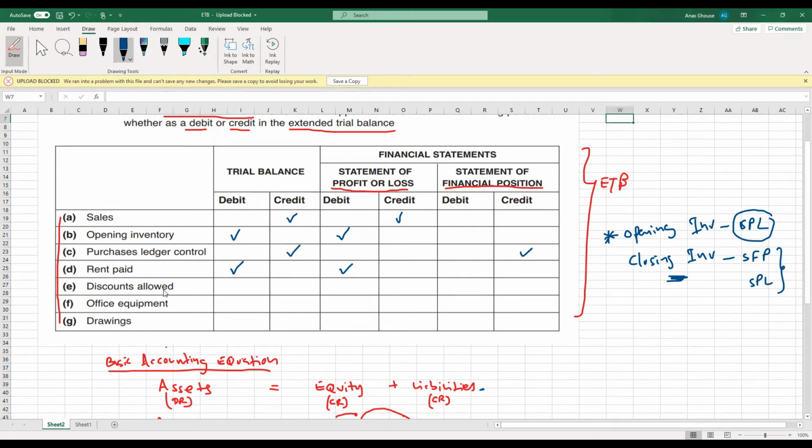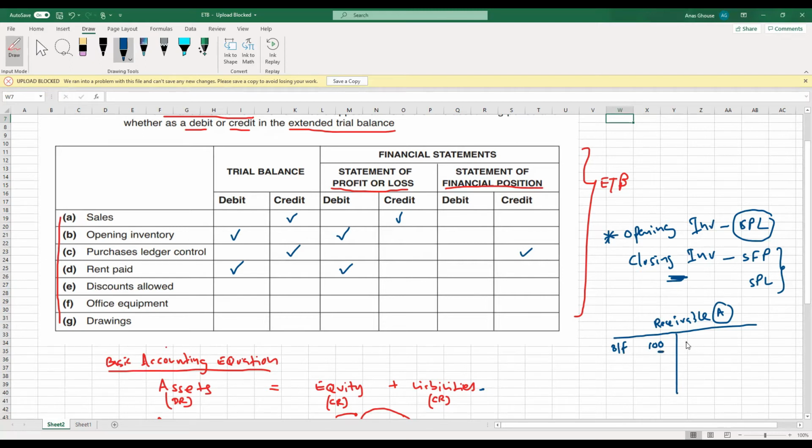Okay, for example, let's say you have a receivable from a customer, let's say A. So the receivable balance is 100. Let's say of this 100, he paid 90.